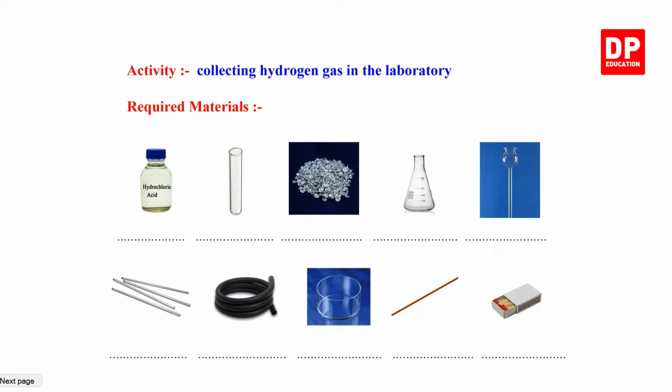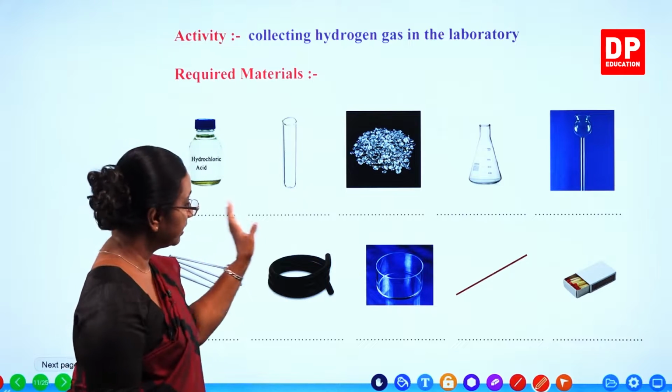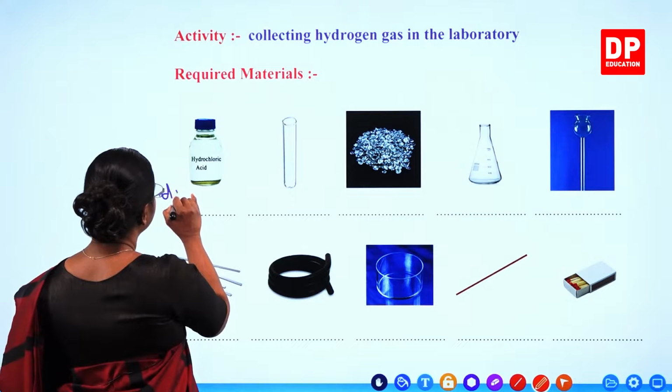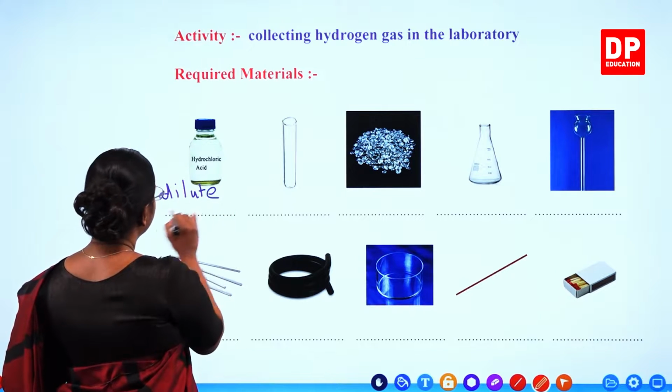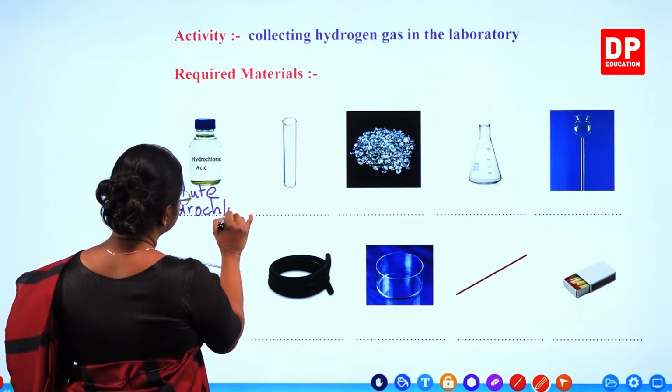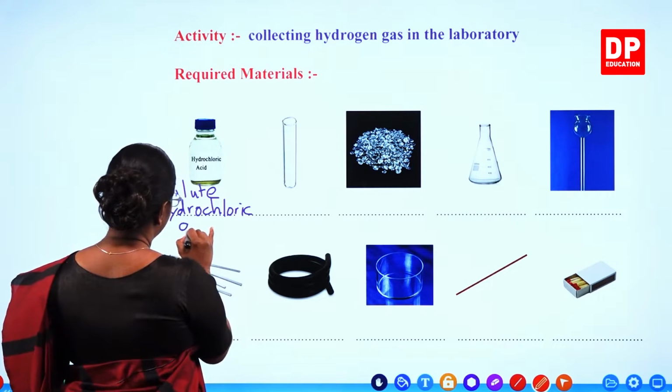Activity: collecting hydrogen gas in the laboratory. The required materials are shown to you. Here this is dilute hydrochloric acid.